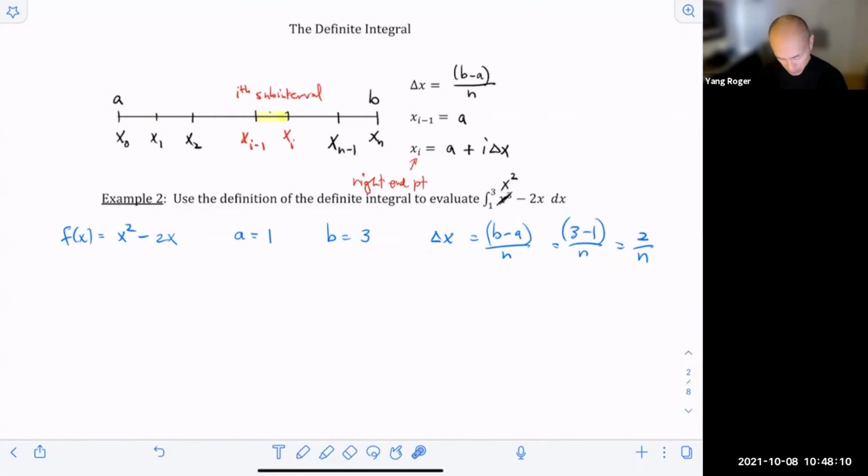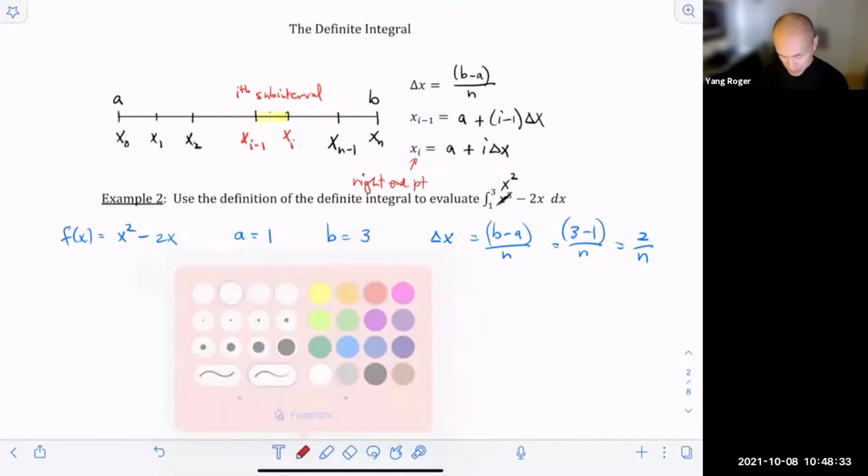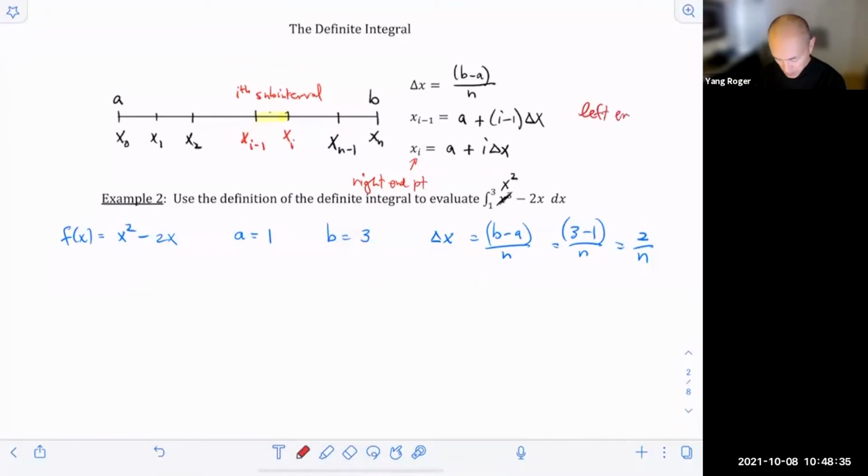So in general, the left endpoint for the ith subinterval, you're not going to go a full i delta x's. You're going to go 1 less. So this is a plus (i minus 1) delta x, and this is the left endpoint, while this guy is the right endpoint.